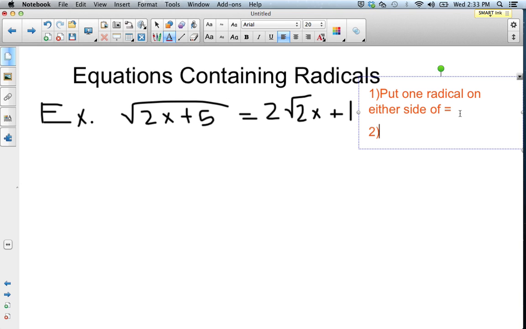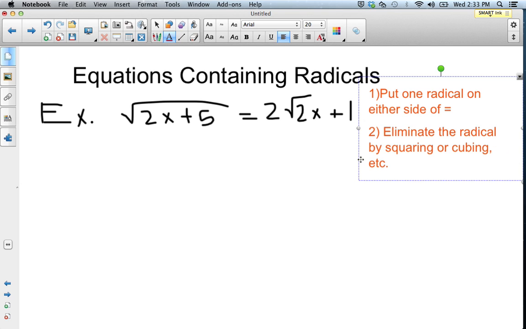After that, you want to eliminate the radical. And most of these problems are going to be a square root, so you're going to have to square both sides, or cube, etc. So let's do that. So we have to square the left side.